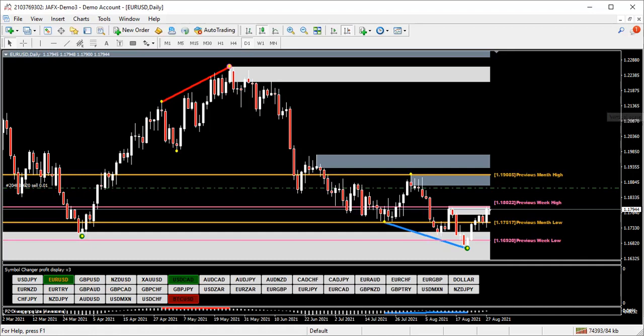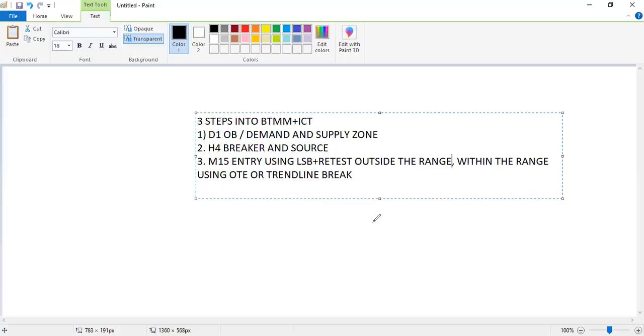Look at the three steps. One, daily time frame order block or demand and supply zone. Two, H4 breaker and source. On the daily time frame demand and supply zone, we anchor the H4 breaker and source, so that on M50 we enter. If it's a bullish order block or demand zone on the daily time frame, price anchors there and will take off from there.